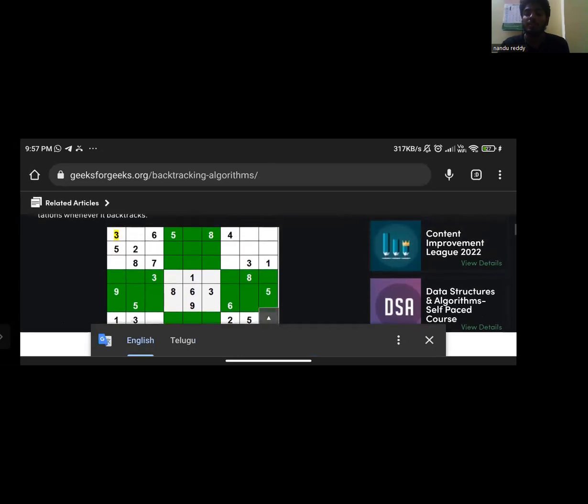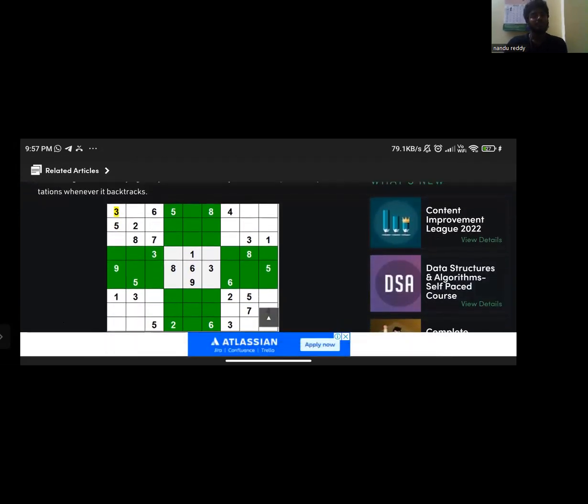See here, we can keep 3, then we should keep 3 here or here. In that way, every square, this white box, this green box, every box should contain numbers 1 to 9, but that number should not clash with the same number in the same row or same column.